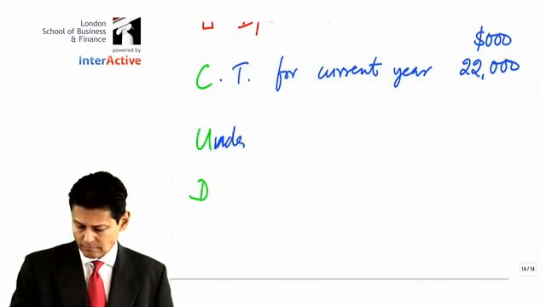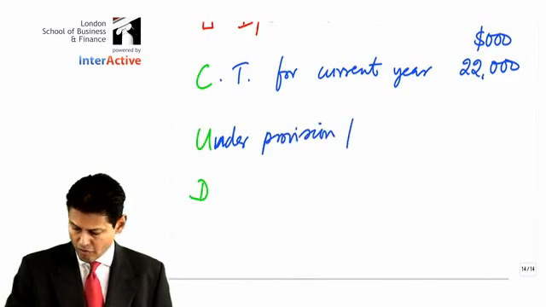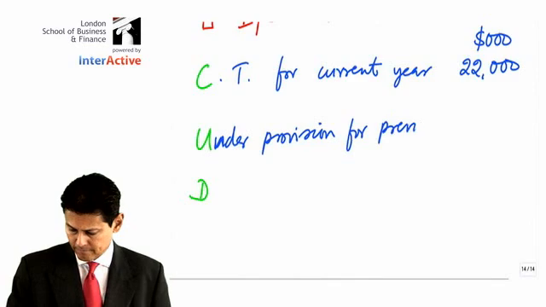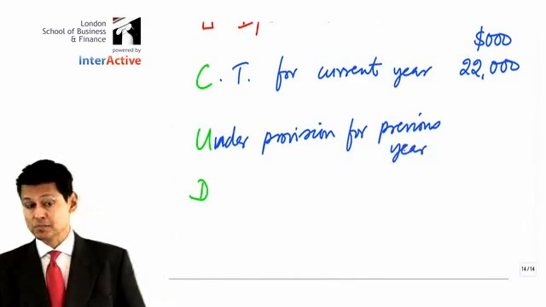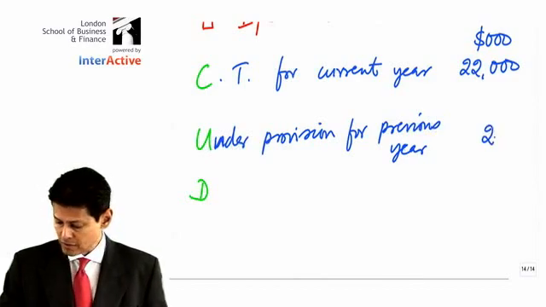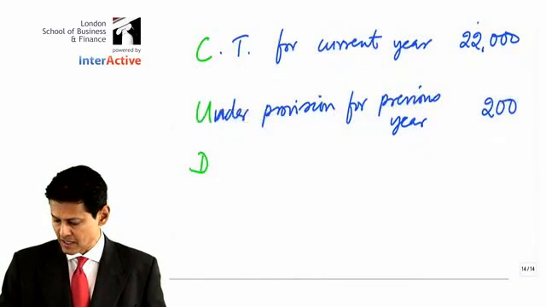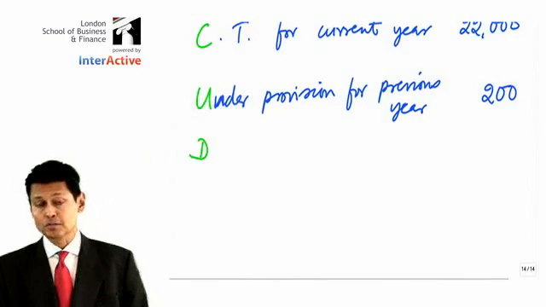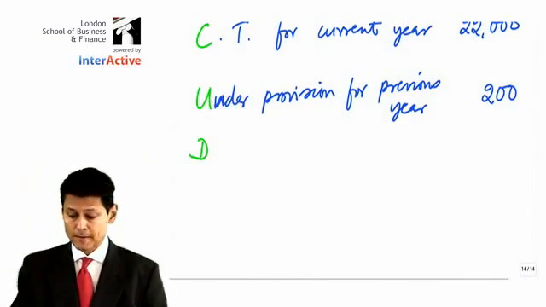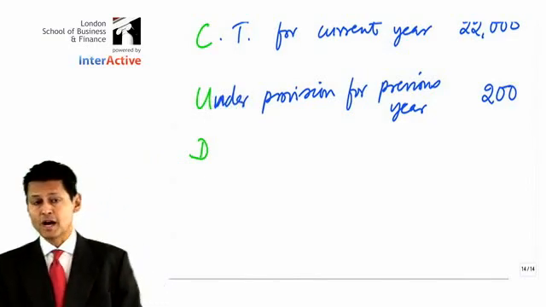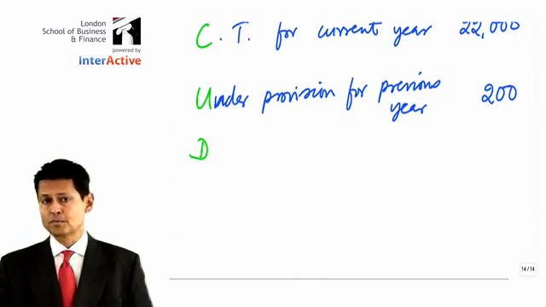Under provision for previous year. Do not call that a prior year adjustment. You'll be marked wrong, because a prior adjustment is where there's a change in accounting policy, and that is not appropriate to this situation. So under provision, charge it this year, 200, no brackets.